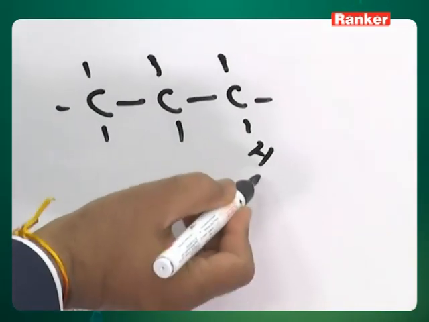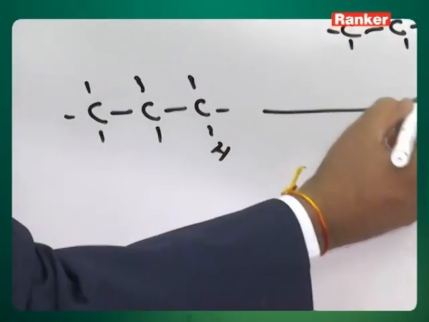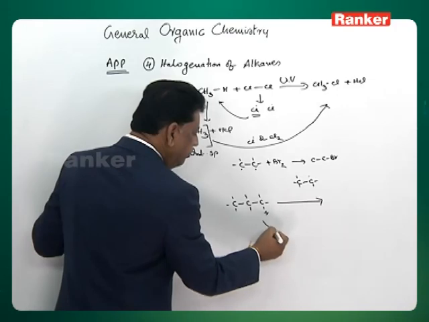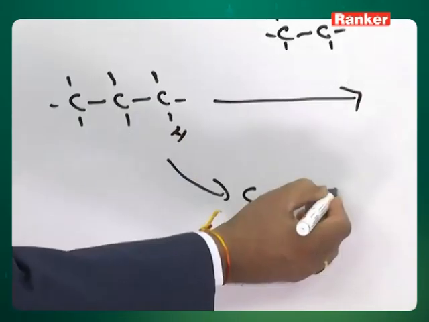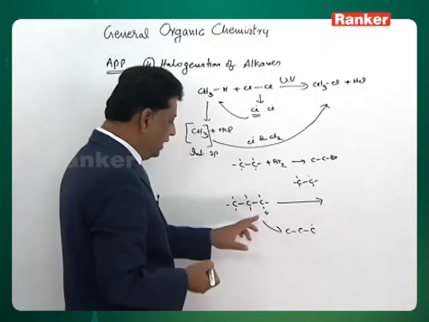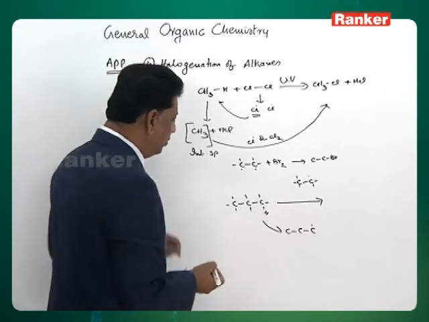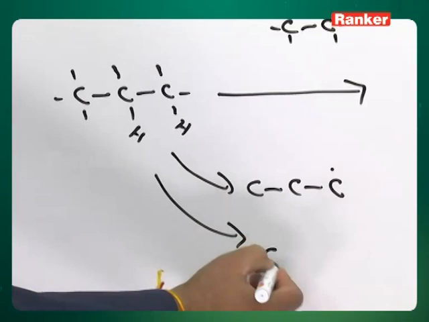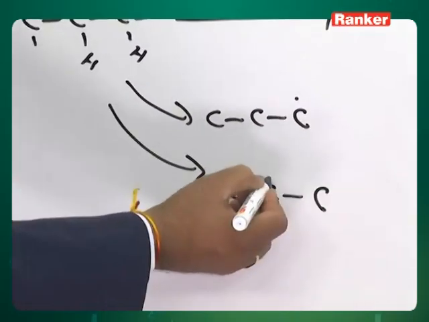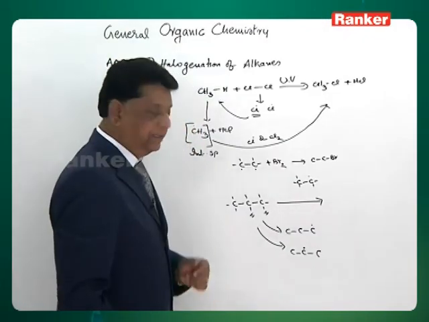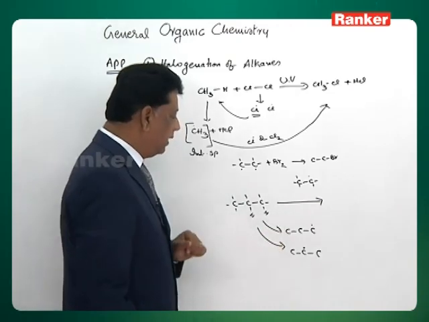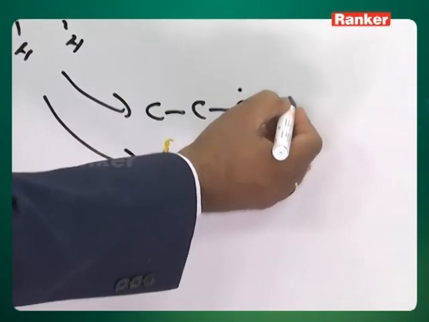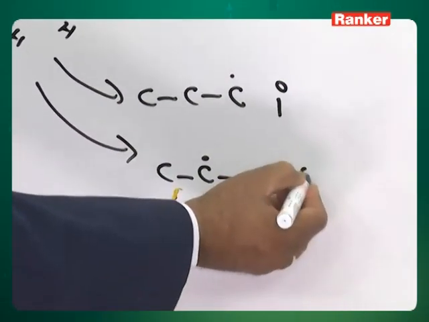If one hydrogen on the first carbon is removed, you get an intermediate called the n-propyl free radical. If the hydrogen from the middle carbon is removed, you get another intermediate called isopropyl. This is n-propyl, this is isopropyl. Basically, it is a 1 degree free radical and a 2 degree free radical.